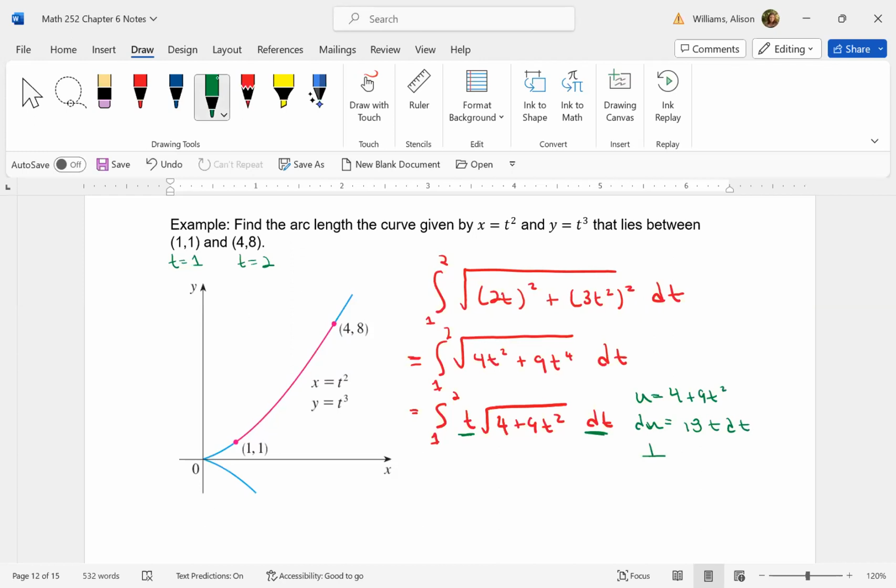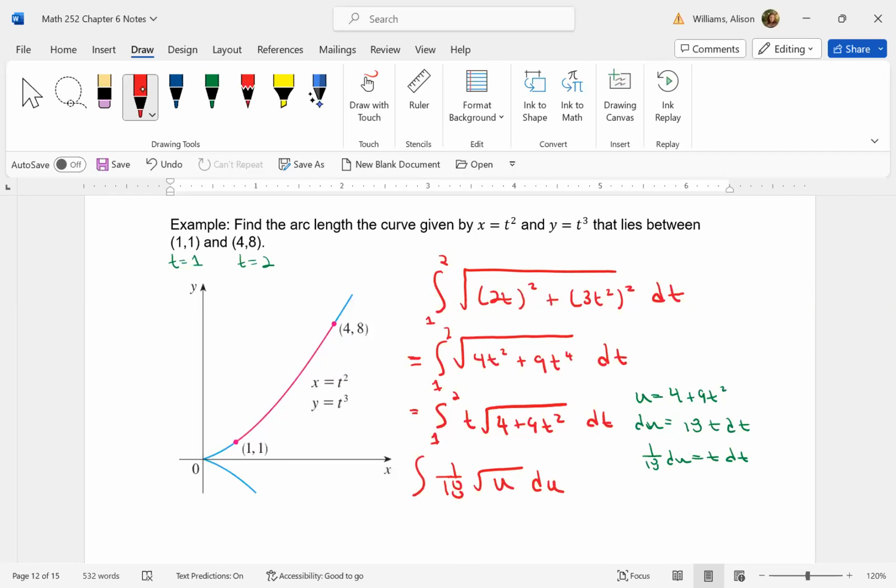So 1/18 du equals t dt. Okay, so in place of t and dt, I'm going to write 1/18. I just have a square root of u, and then I'll put the du at the end. And then let's go ahead and figure out my new limits.